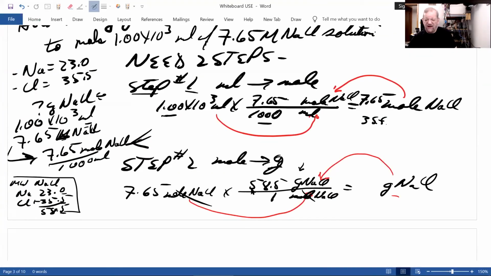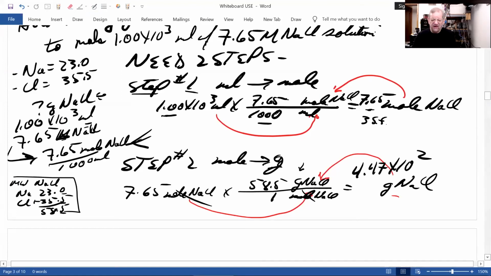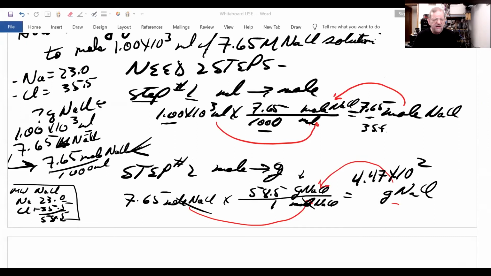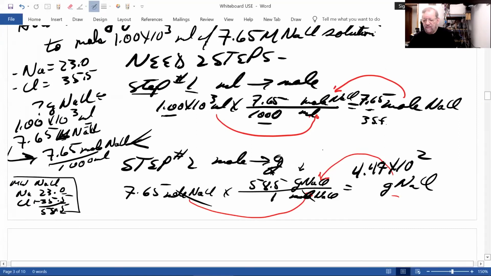And therefore, my answer here, since I really didn't have to round off here, well, I did, but it would be the same either way. So let me just check to make sure I copied it correctly. I did. Actually, I didn't. Should be 4.48. And for those who wanted this one, you could also write 448 grams. So that's how you'd make that kind of molar solution of sodium chloride.